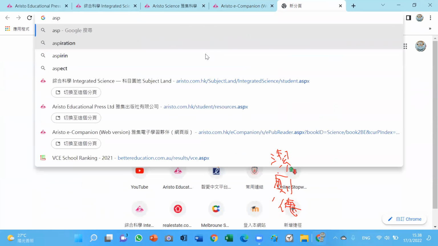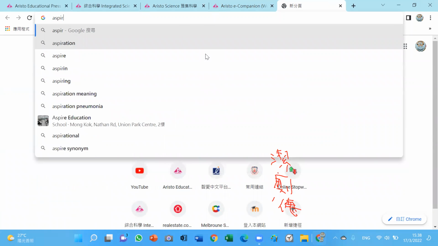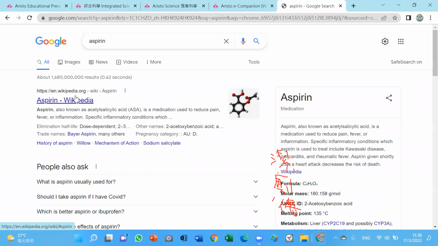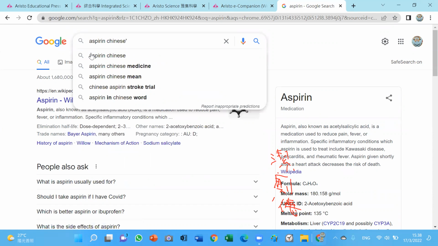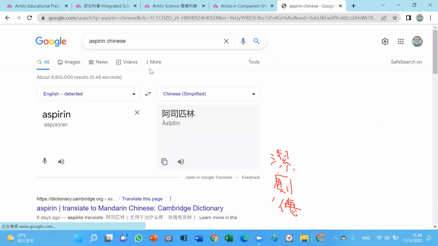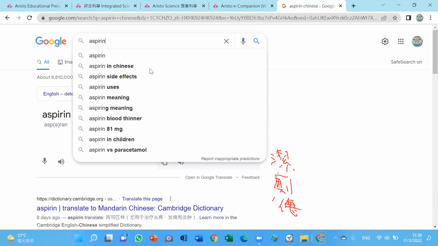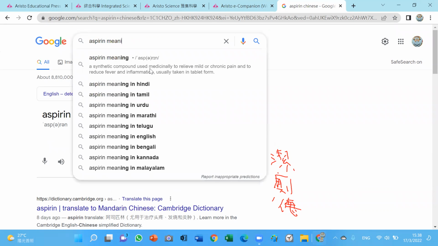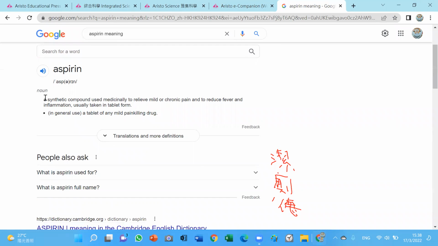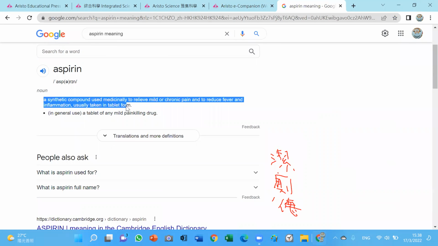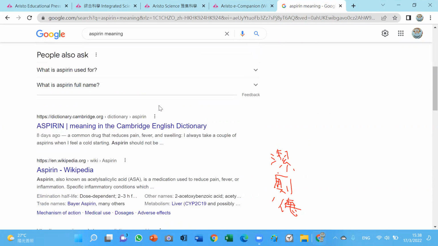I will search it for you. 阿士匹林或者阿士匹靈都得嘅。Aspirin is a compound used medically to relieve pain and to reduce fever and inflammation, usually taken in tablet form.